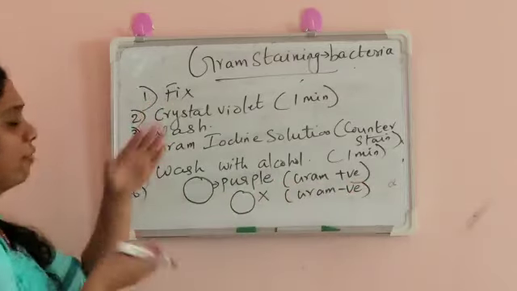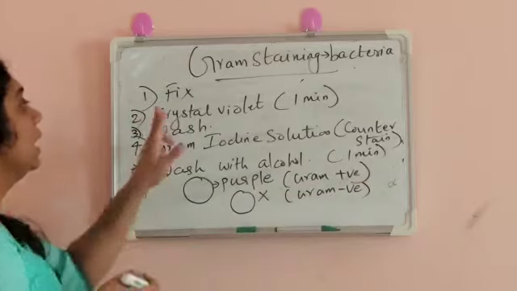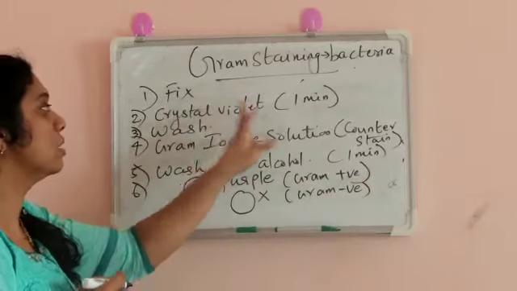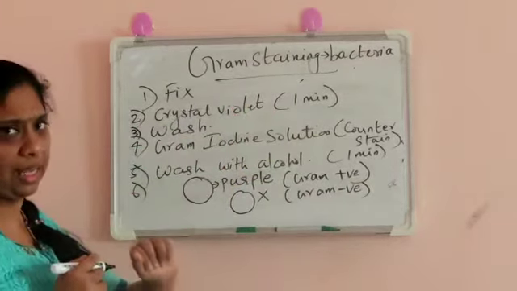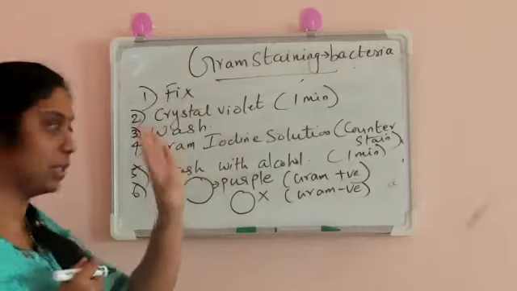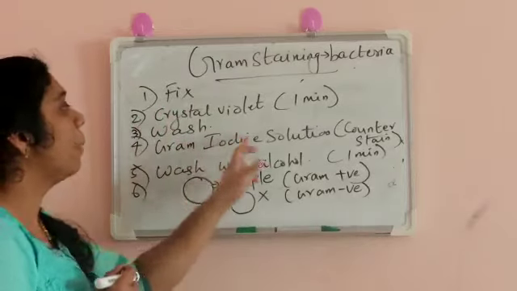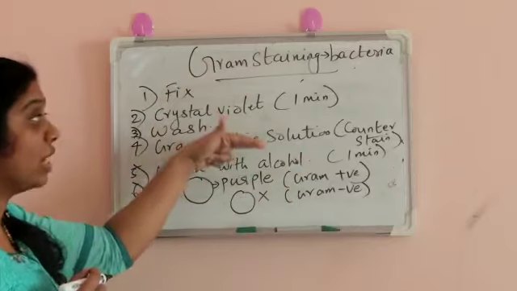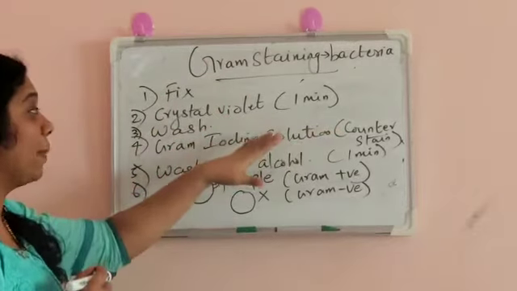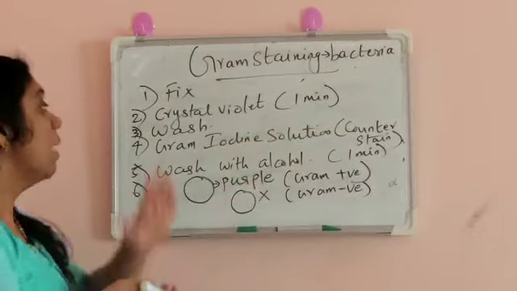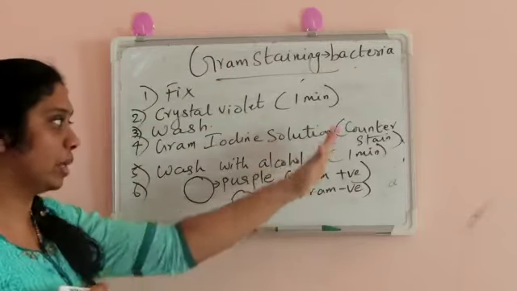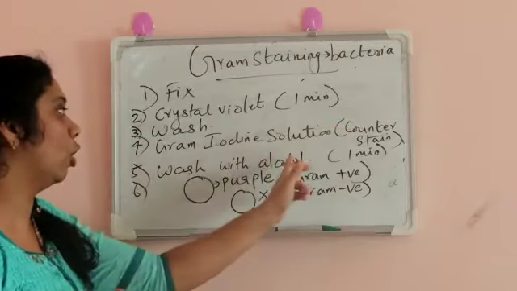So, got it? First we fix the bacteria on the slide. Then we stain it with crystal violet and keep it for 30 seconds to 1 minute. Then wash it with water. Then we apply gram iodine solution, the second stain or counter stain, and the purple color is produced. Then wash it with alcohol.